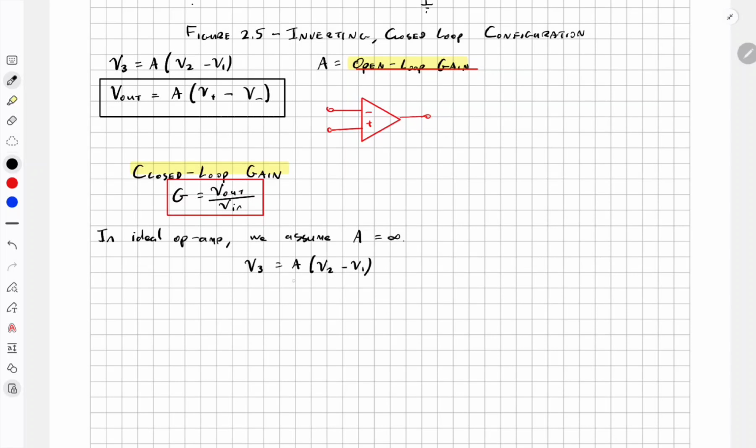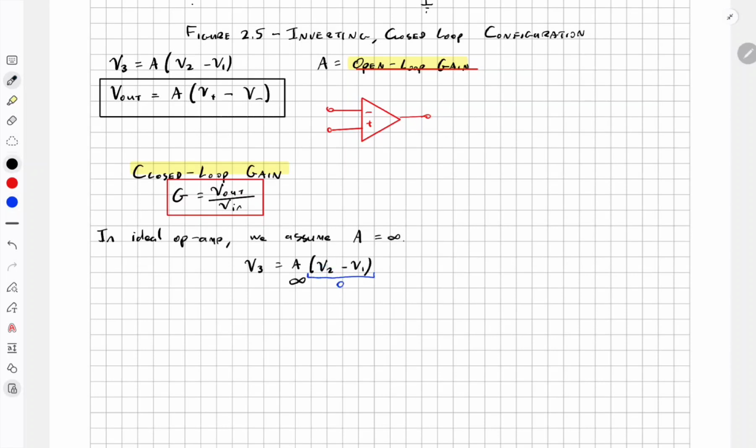But what happens if A is infinity? There is some kind of problem. We know that V3 is a finite number. So therefore, if V3 is a finite number, then V2 minus V1 must equal 0.